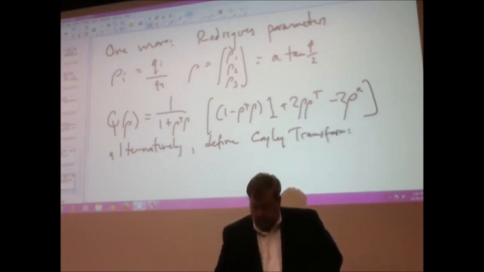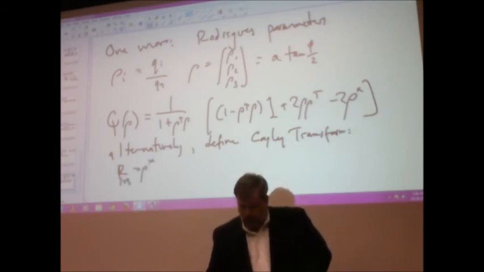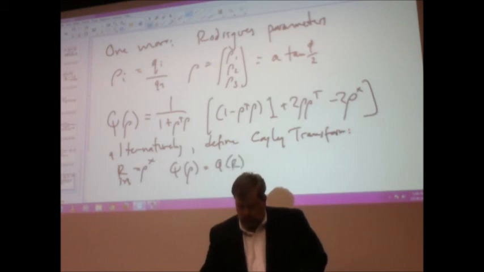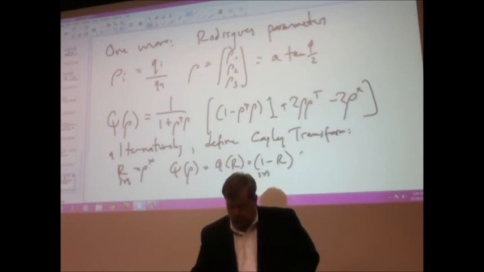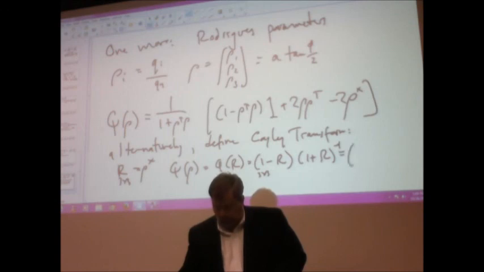I'm going to define a 3 by 3 matrix R to be that rho cross. Then I can actually write down Q of rho as Q of that big matrix R, like this: 1 minus R, where 1 is the 3 by 3 identity matrix, times 1 plus R inverse, which, by the way, equals 1 plus R inverse times 1 minus R.